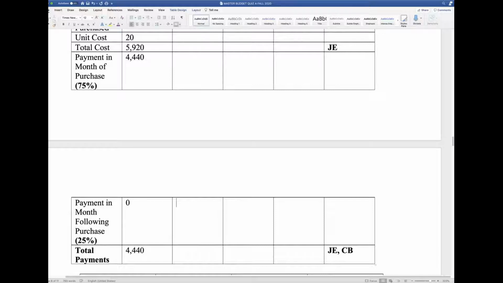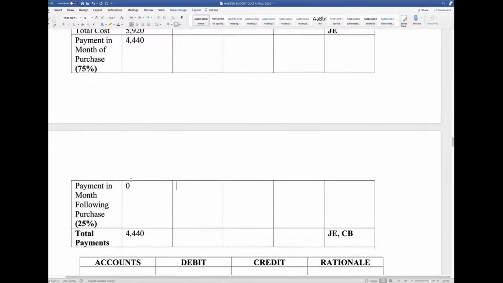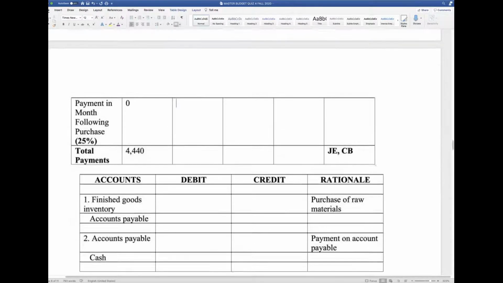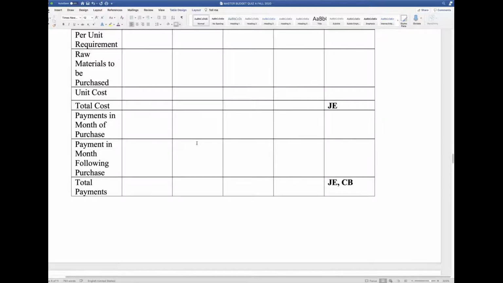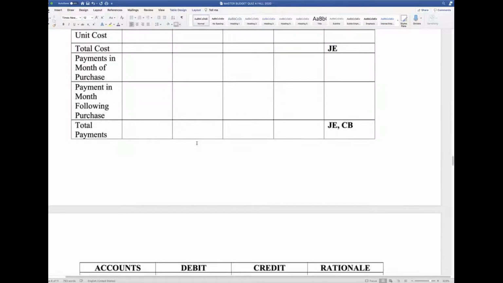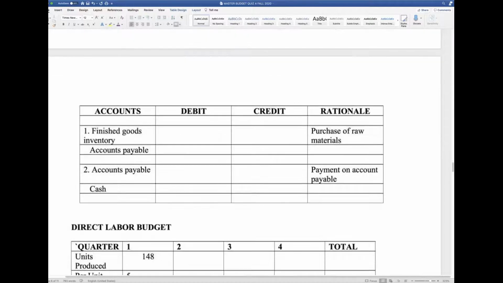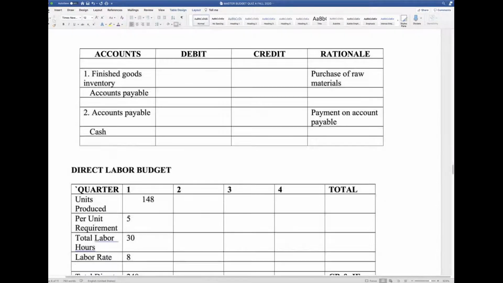Hey, real quick. So the manufacturing overhead chart, is it going to be the same for all 4 quarters? Let me scroll down real quick. This is so difficult.